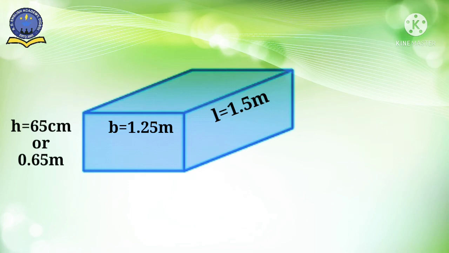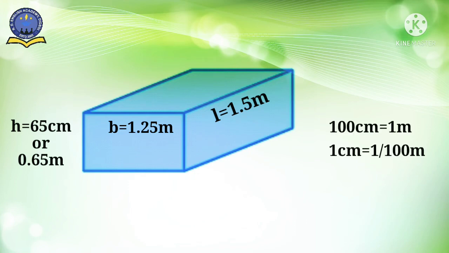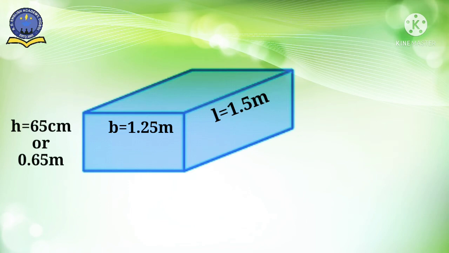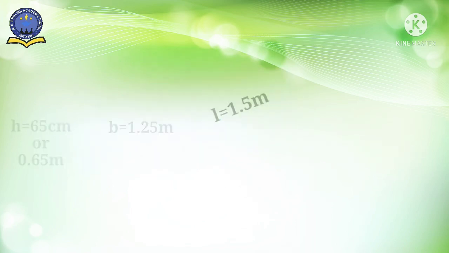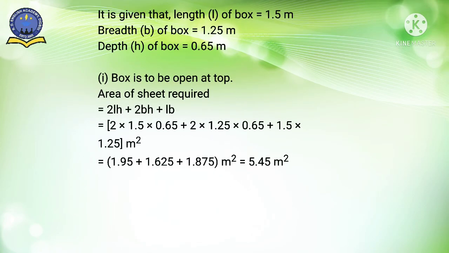All of you know 1 meter equals 100 centimeter, so 1 centimeter equals 1 by 100 meter. So 65 centimeter equals 65 by 100. Ultimately the height is 0.65 meter.